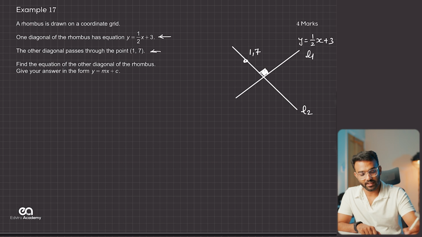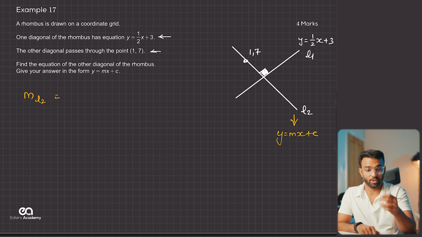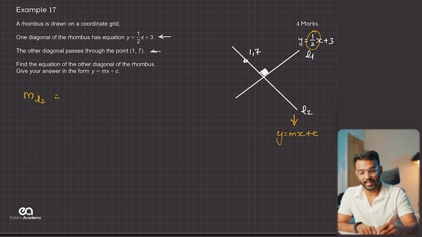All right, so firstly, the equation of L2 is in the form y equals mx plus c. This is quite a simple question. Gradient of L2, m of L2, will be the negative reciprocal of the other gradient. The gradient of L1 is a half, so the negative reciprocal will be just minus 2. Okay, so the equation will look like minus 2x plus c.